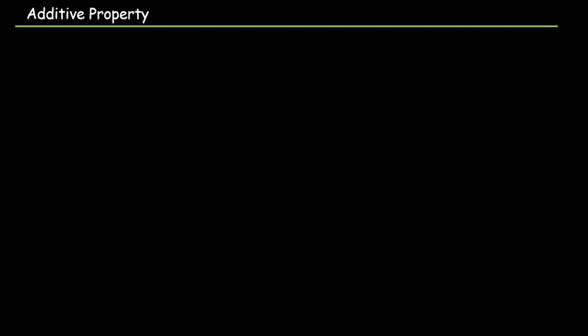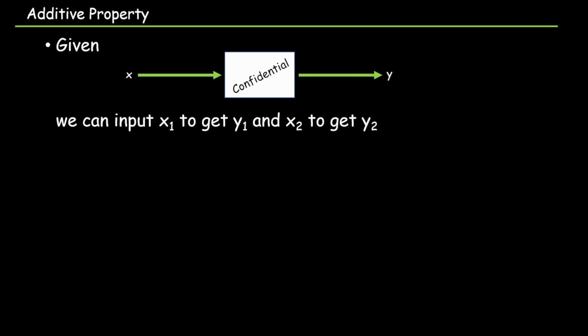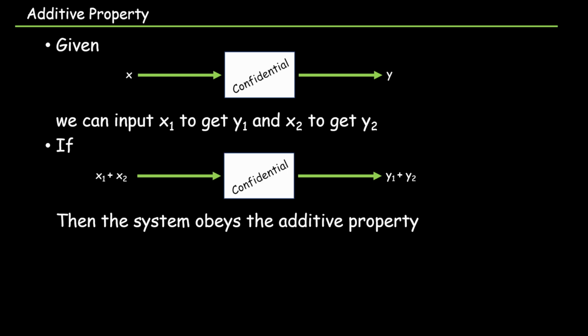The additive property is a little bit more straightforward. Given this system where you input x and it outputs y, we can input x1 and get y1, and then input x2 and get y2. If we input x1 and x2 added together, and we get the output y1 plus y2, then the system obeys the additive property. If it also obeys the homogeneity property, then it obeys linearity.